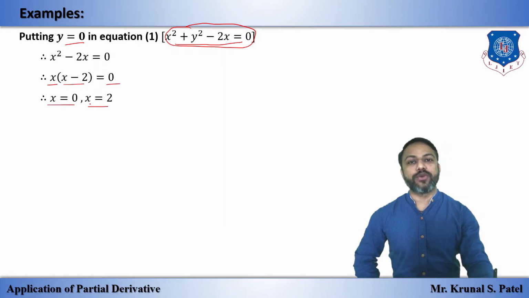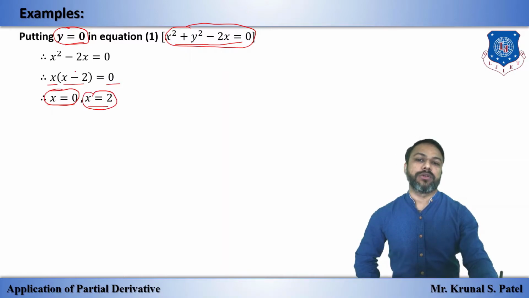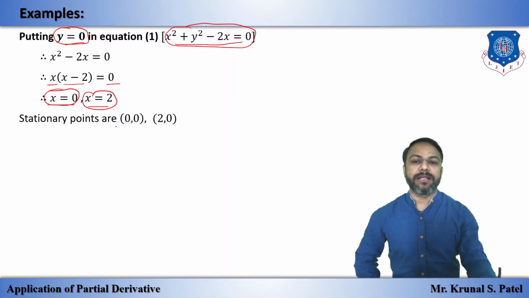So these are the values of x when y is equal to 0. So we have the points (0, 0) and (2, 0), because first we write x then y. So these are the stationary points from y is equal to 0.